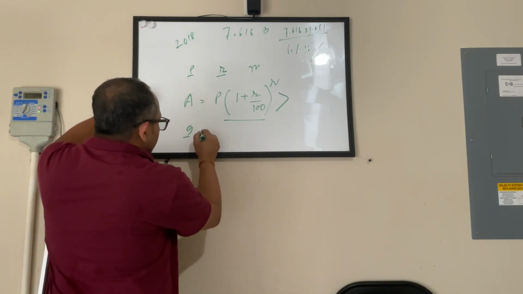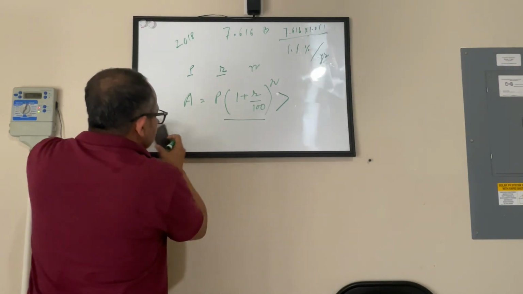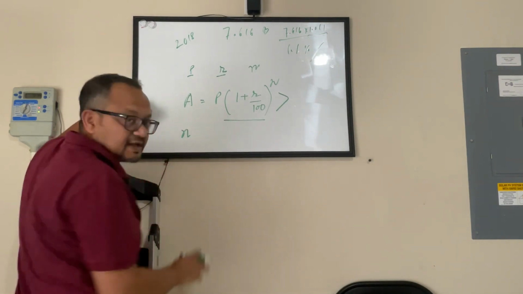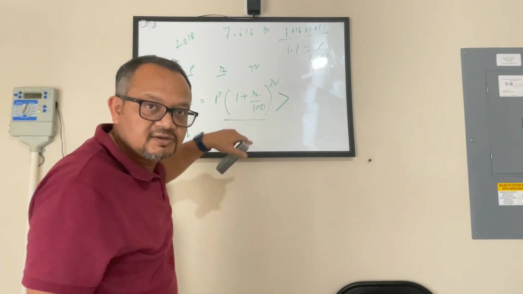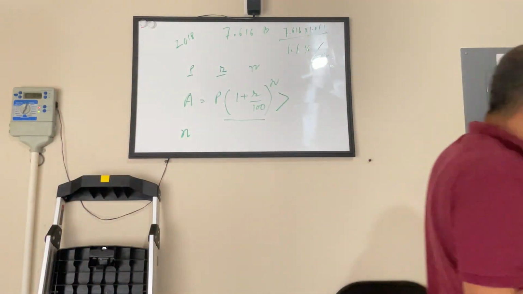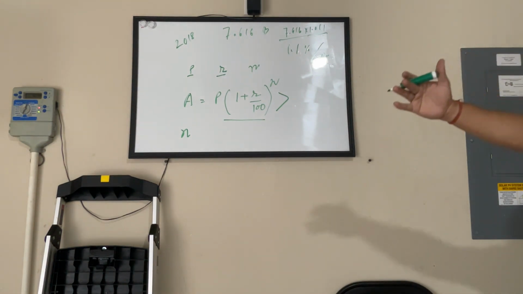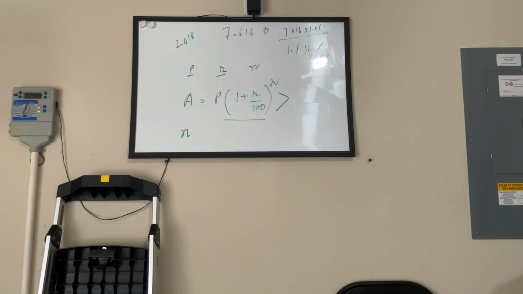Let's say after n years, this is less than my population. Let me recollect my thoughts. What we are trying to say is, after a certain number of years, my population becomes a certain value, and that value will not have enough natural resources.